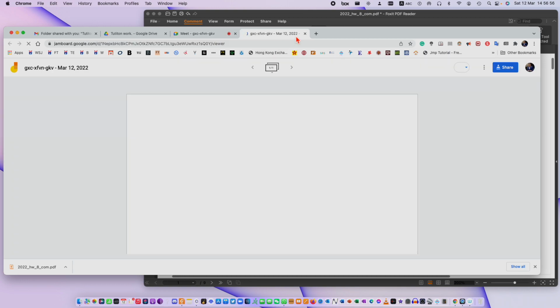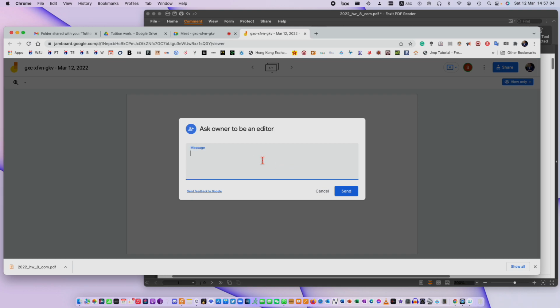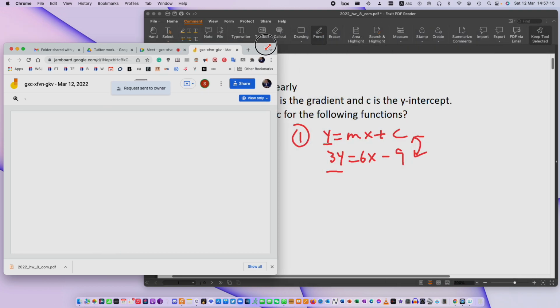Yep, accessing it. Okay, good. Do I need to request edit? Okay, please give access. Can you give access to me so that I can edit?